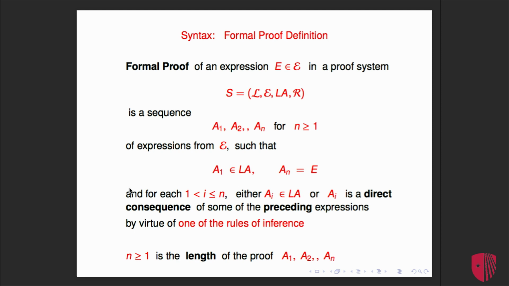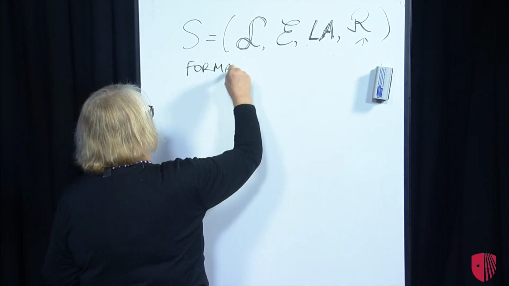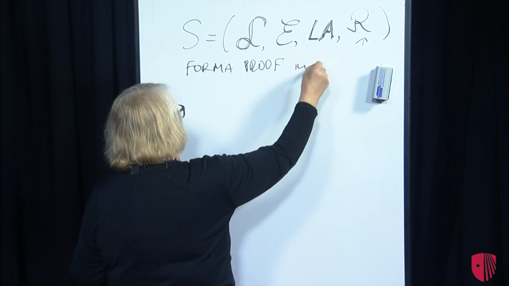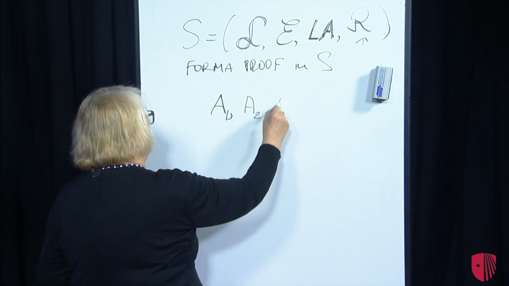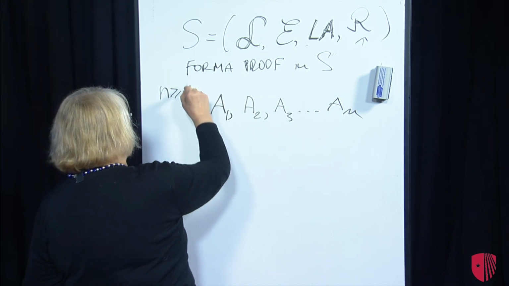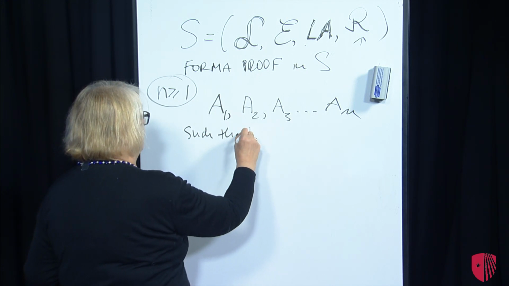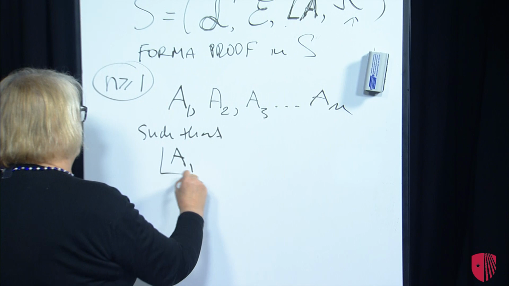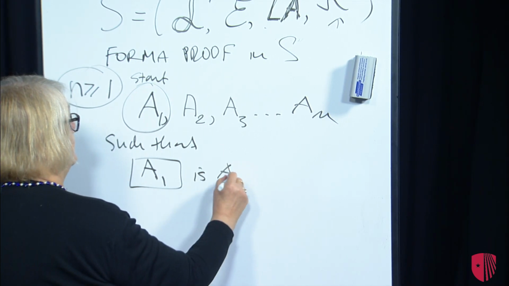A formal proof in S of a certain expression E is a sequence A1, A2, A3, up to An, n greater or equal to 1, of expressions such that you start with an axiom.